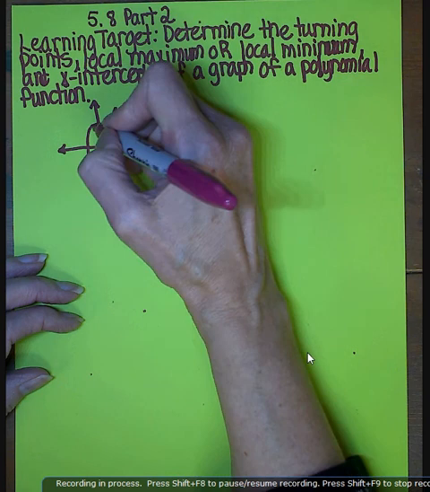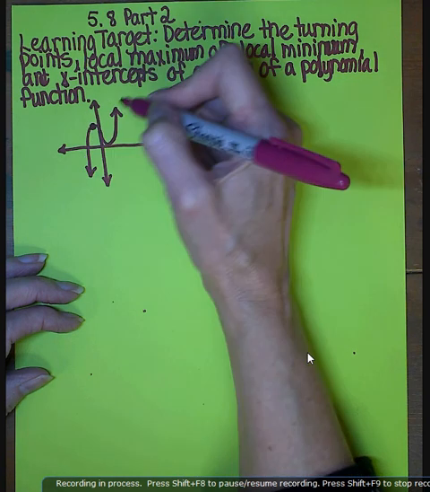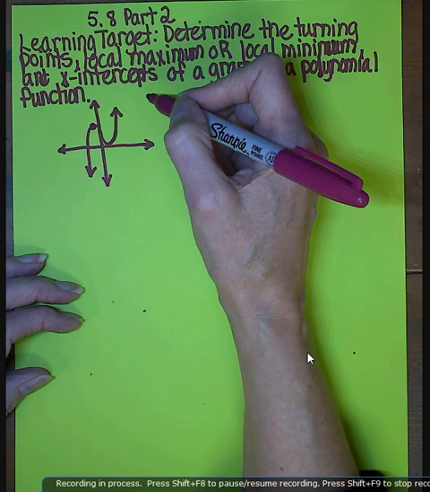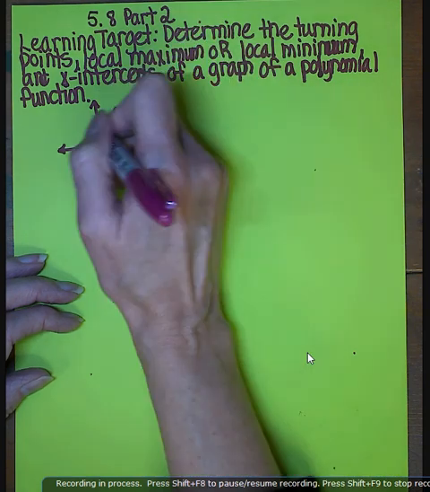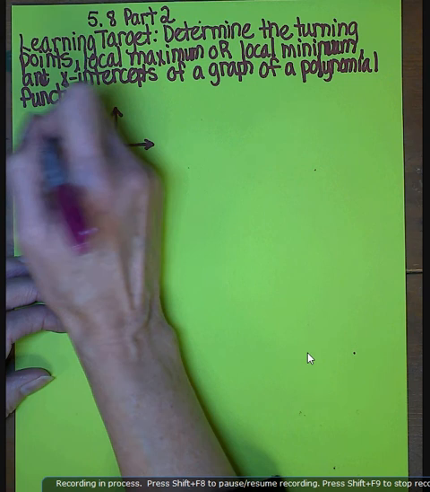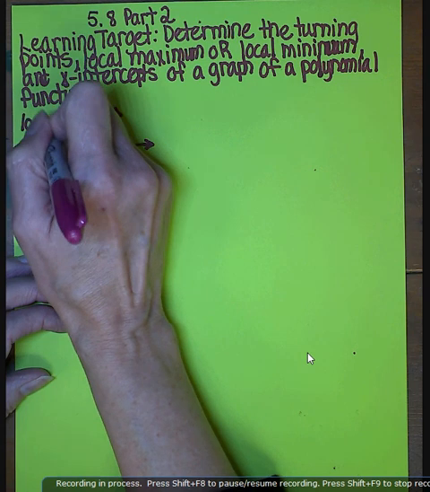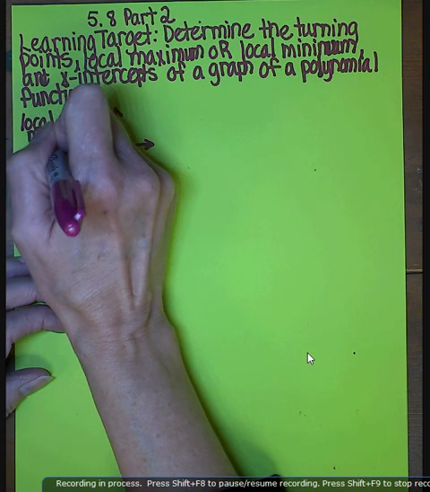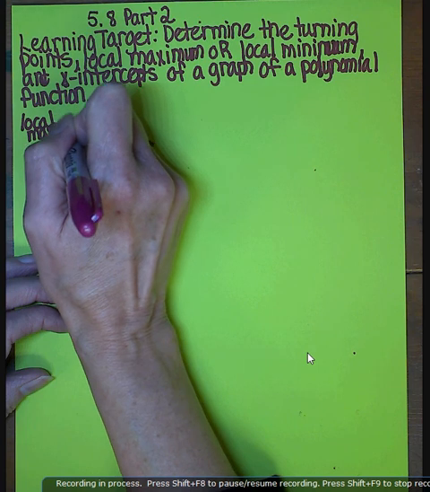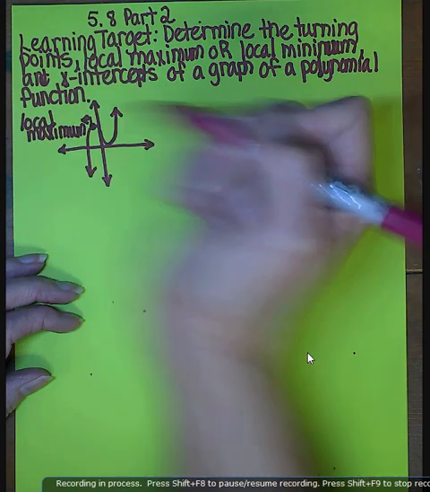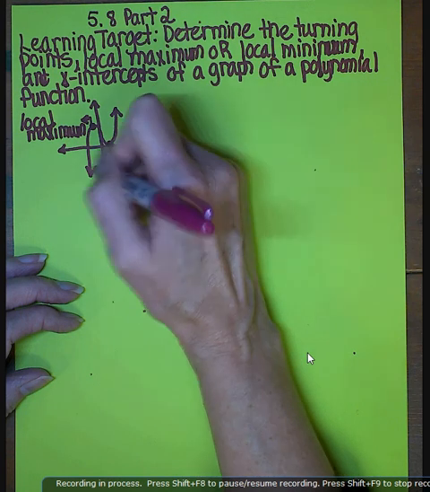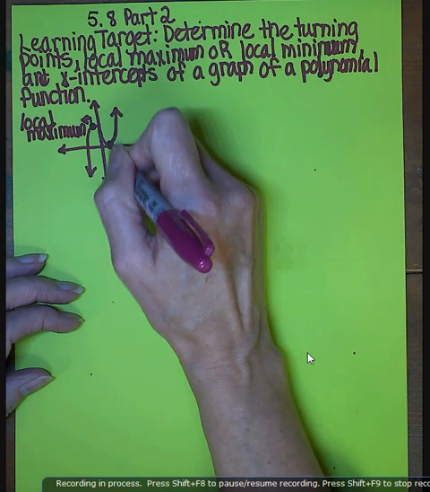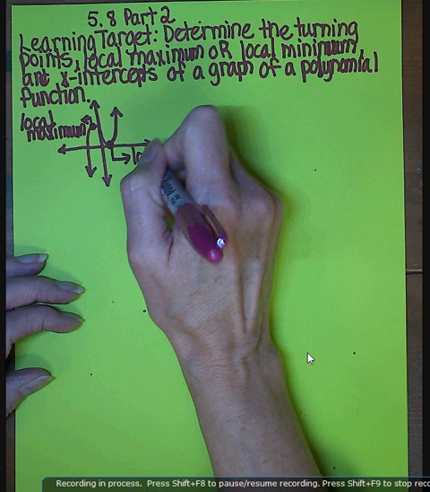And if we marked this point right here, it's not the highest point because this goes on and on forever, but we call it a local maximum. And this point right here, it again is not the lowest point since this keeps going down, but we call it a local minimum.